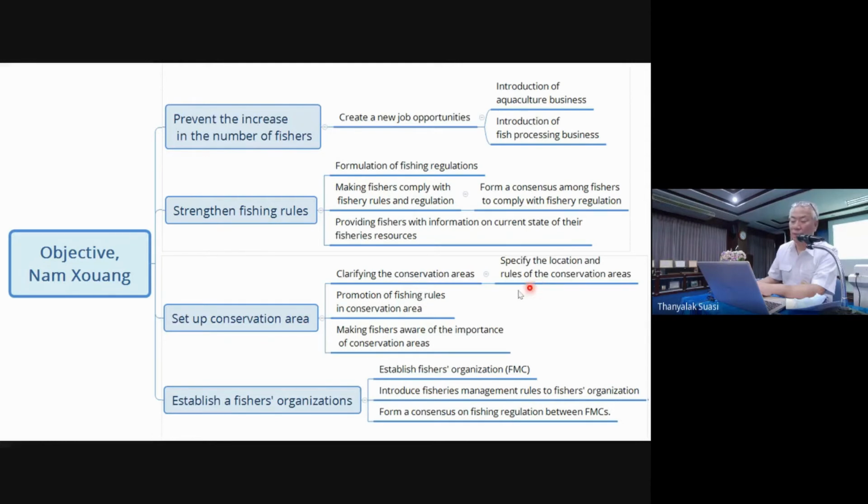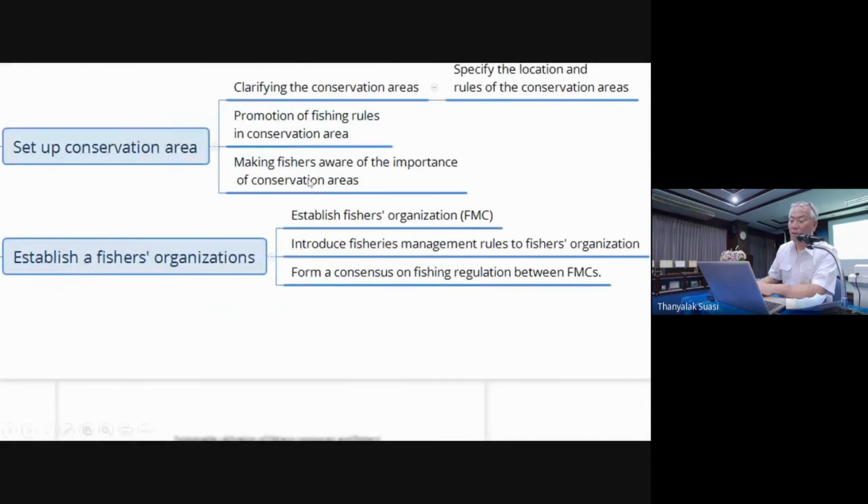So this is first. And second is to promote the fisheries rules in the conservation area. And third is making fishers aware of the importance of the conservation area.